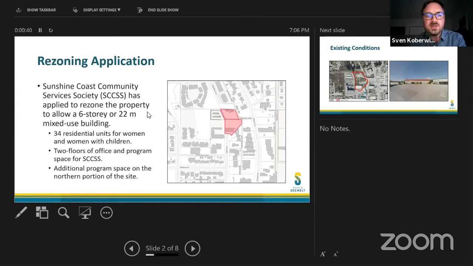It's intended to accommodate 34 residential units for women and women with children. The first 2 floors of the building will feature office and programming space for Sunshine Coast Community Services. So essentially, this is a fairly significant expansion of the current building on the site.